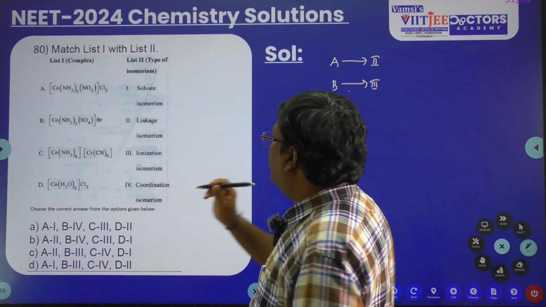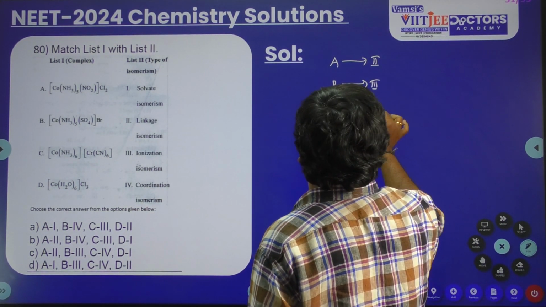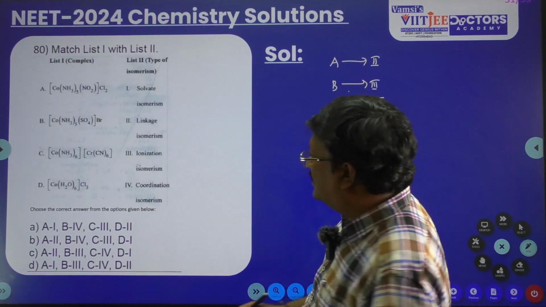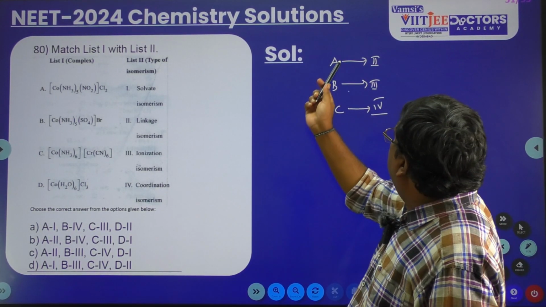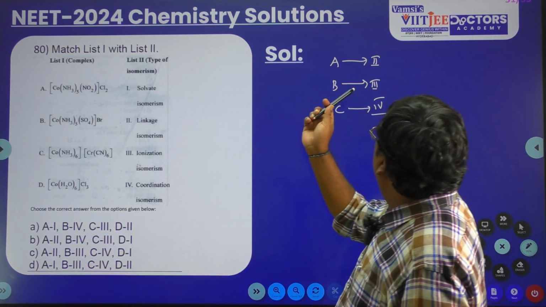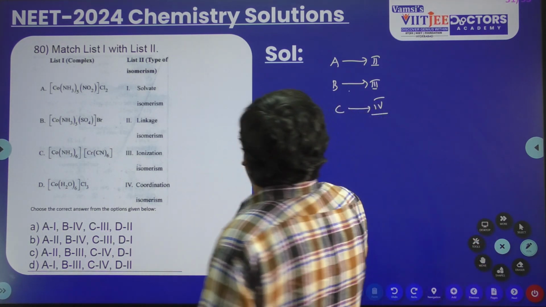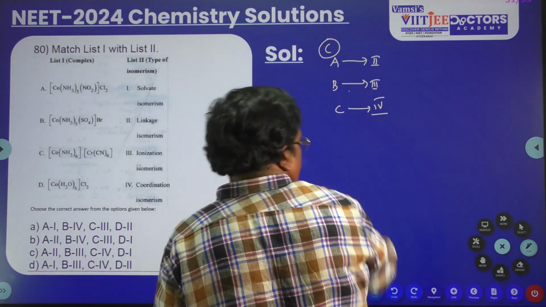Here it is coordination isomerism, so C must be 4. So we have to check A2 in both the options given: A2, B3, C4. So C is the option.